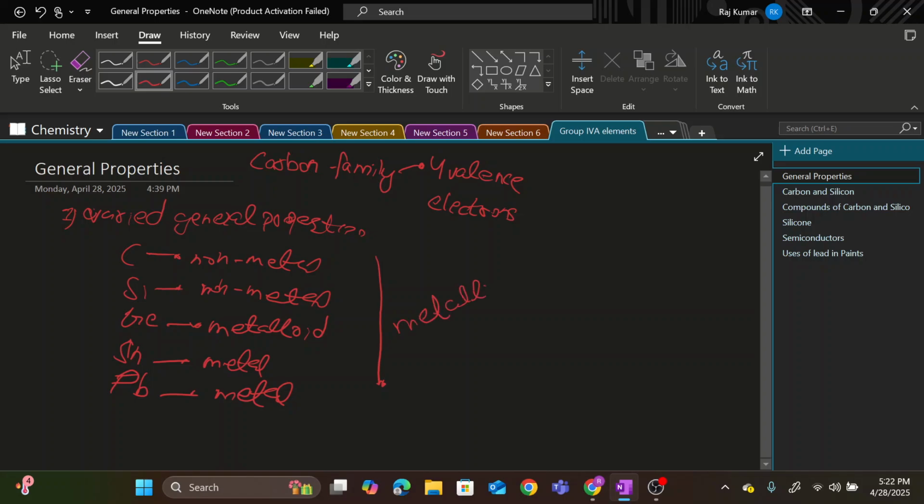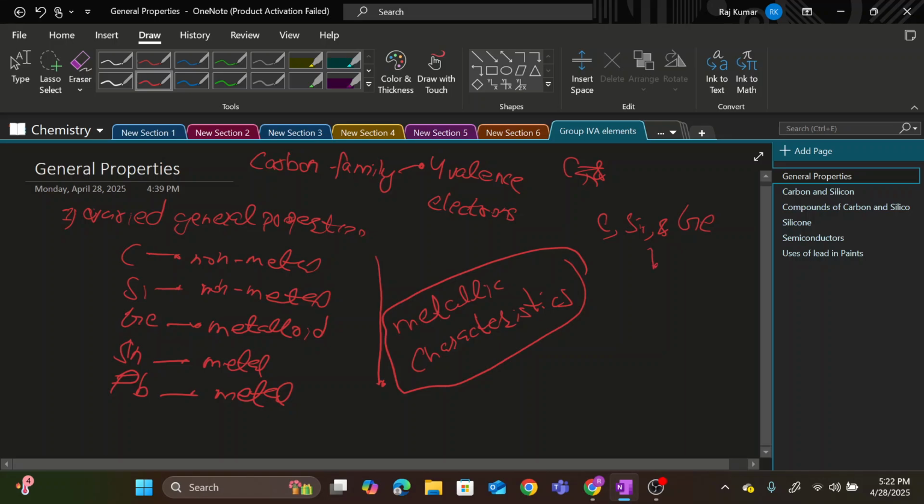Metallic characteristics. If we look at a few more general properties, we will find that carbon, silicon, and germanium have all four of their valence electrons participating in bond formation.